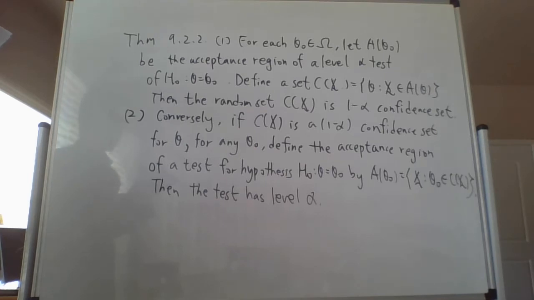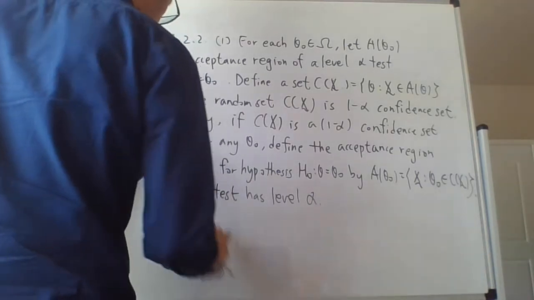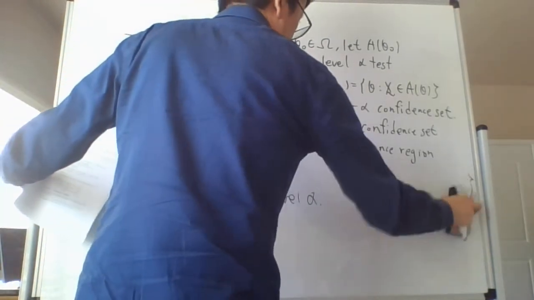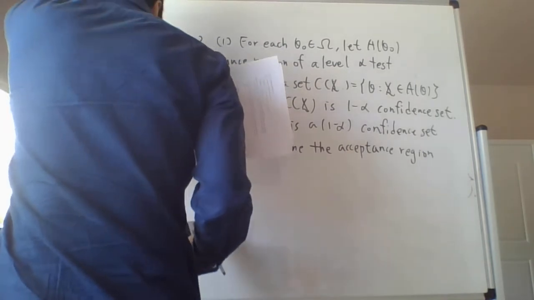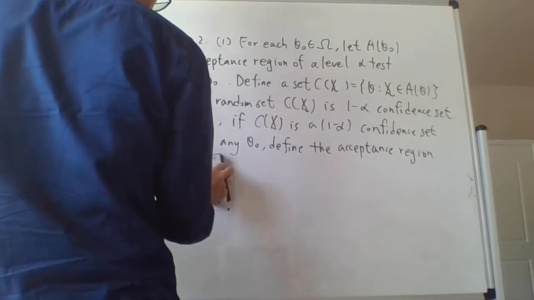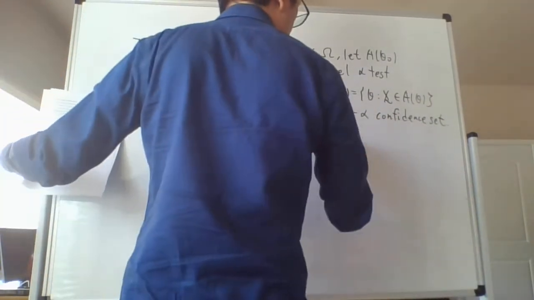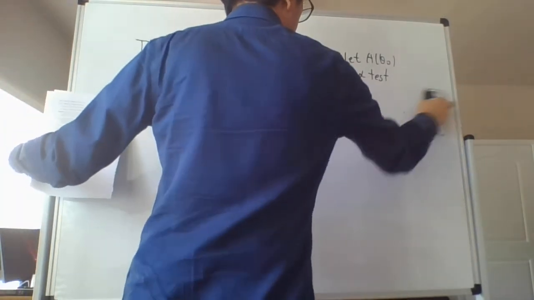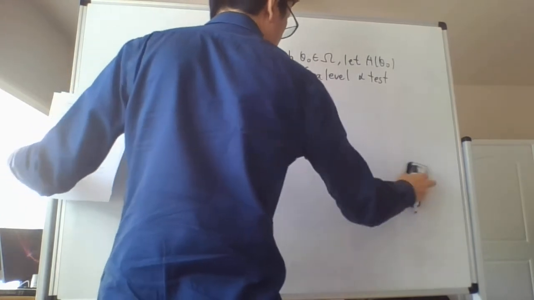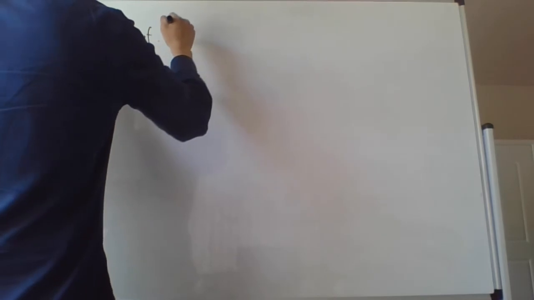What this theorem implies is that there is a one-to-one correspondence between a test and a confidence set. So, the proof.